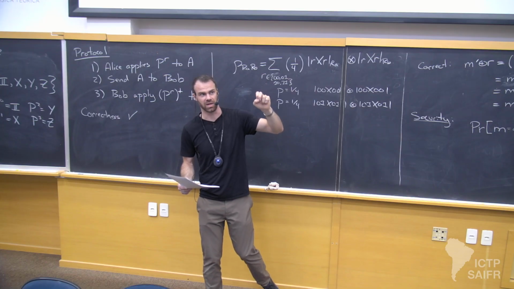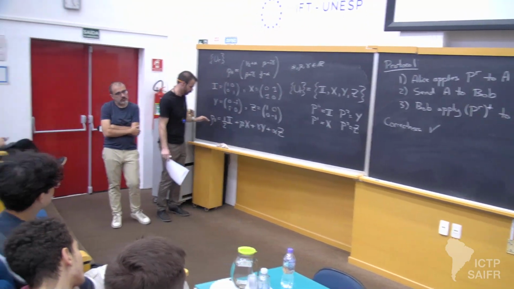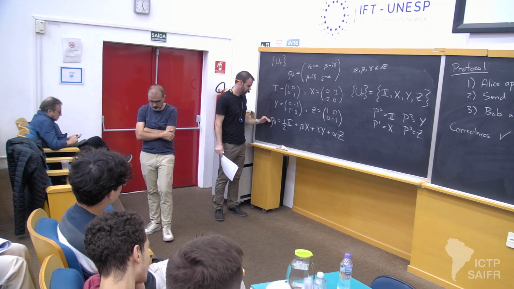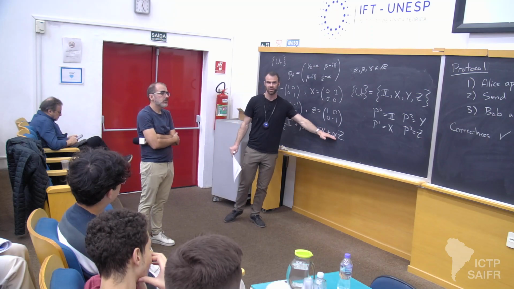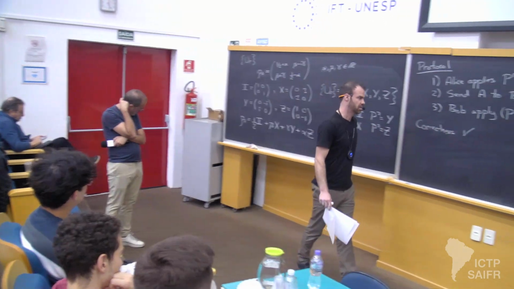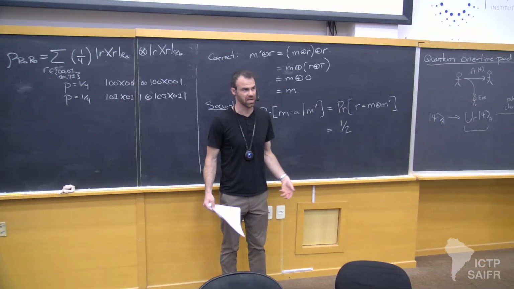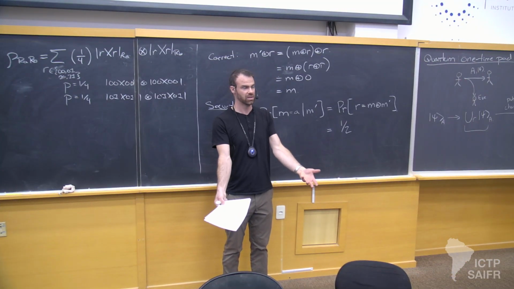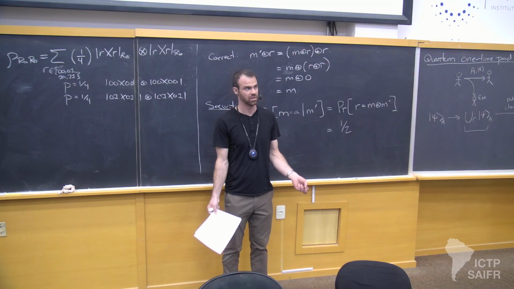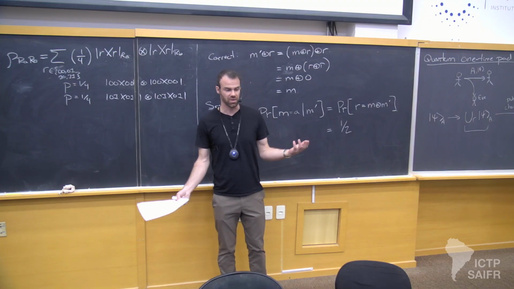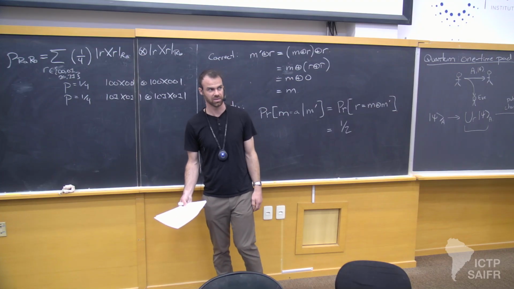It has to do with the fact that my 2x2 matrix is decomposed into these 4 terms. And it turns out you can't get away with any less. It is not possible to send 1 qubit securely using only 1 bit of randomness. You really need 2. For correctness, you could use no randomness. You could just send it and you get it. But for security, you need 2 bits of randomness.